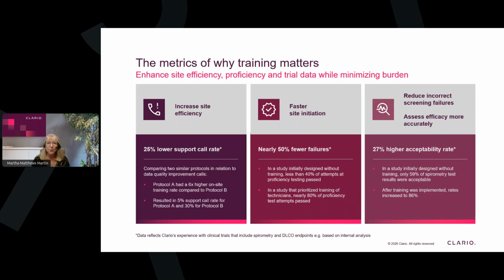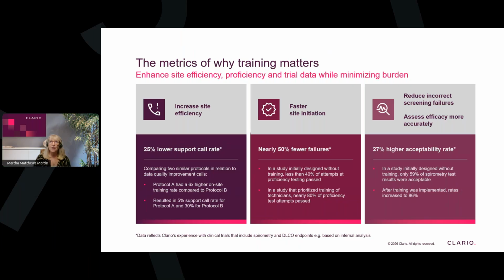In addition, another thing that we looked at in terms of the efficiency of our training is how well the site staff were passing proficiency first time through. And again, when we compare a protocol with a robust training plan versus one with a lesser one, we see that there's actually twice as many people passing, so up to 80% of people at the staff level passing proficiency first time through when we have that very engaging training with them versus 40% when we do not have that opportunity.